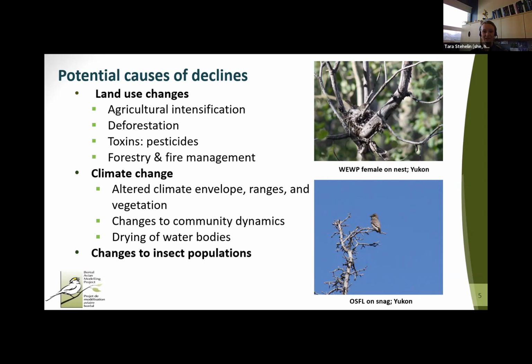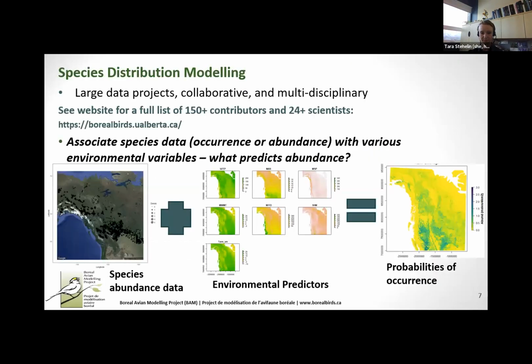And I wasn't able to focus on all of these, so I've been focusing mostly on climate change impacts and changes to insect populations because of particular relevance where we are in an area of the boreal forest that's relatively undisturbed. So one of the techniques that I use to try to address the bigger picture questions, so the broad scale questions, looking at a broad geographic scale, is species distribution modeling.